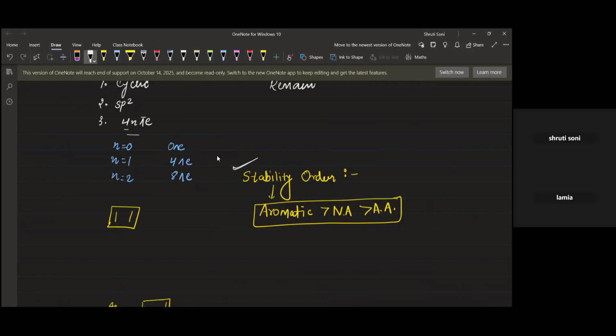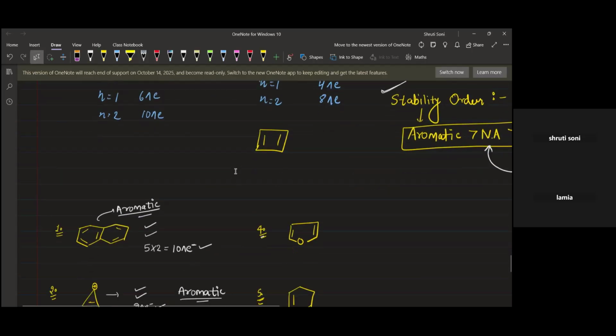Non-aromatic is more stable than anti-aromatic. So that's why anti-aromatic compounds change into non-aromatic to gain more stability. Oh, okay. This is the reason. Okay, let's move to the fourth example.